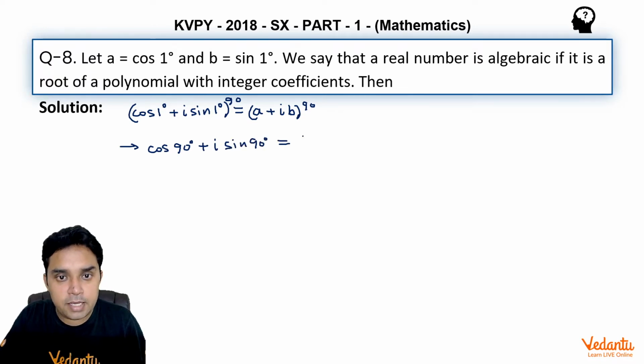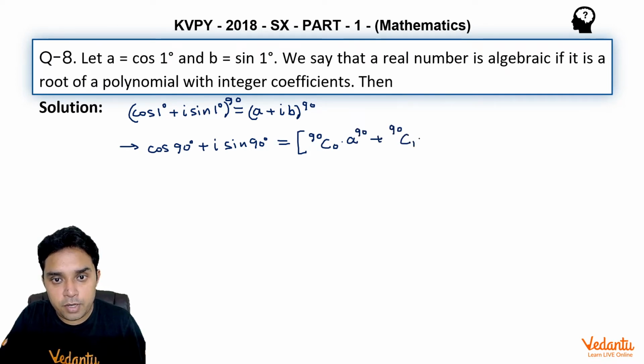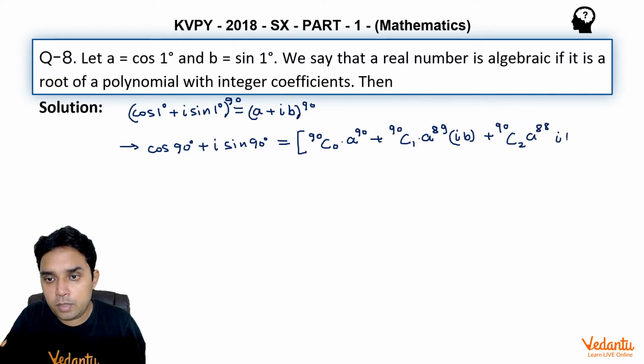Whereas the right hand side can be opened using binomial theorem. So it will be 90C0 into A power 90 plus 90C1 A power 89 iota B plus 90C2 A power 88 iota B whole square and so on and so on.